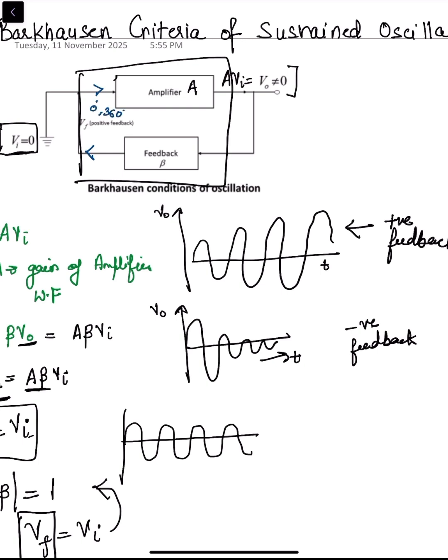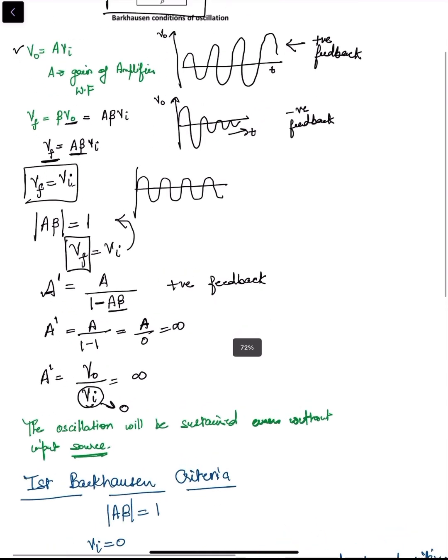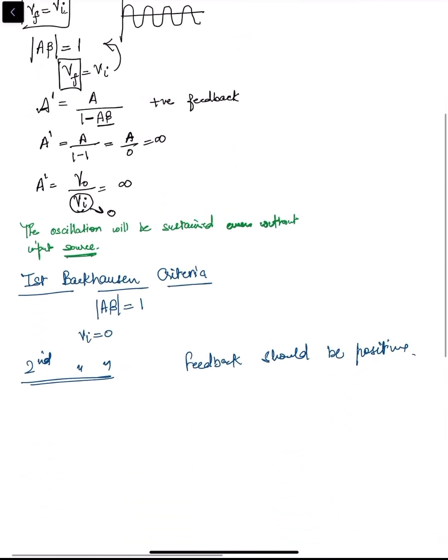That means they both should be in phase. So if we are having input like this, the feedback should also be of the same phase, only then we will receive the sustained oscillation. So in other words, we can say that the feedback should be positive.